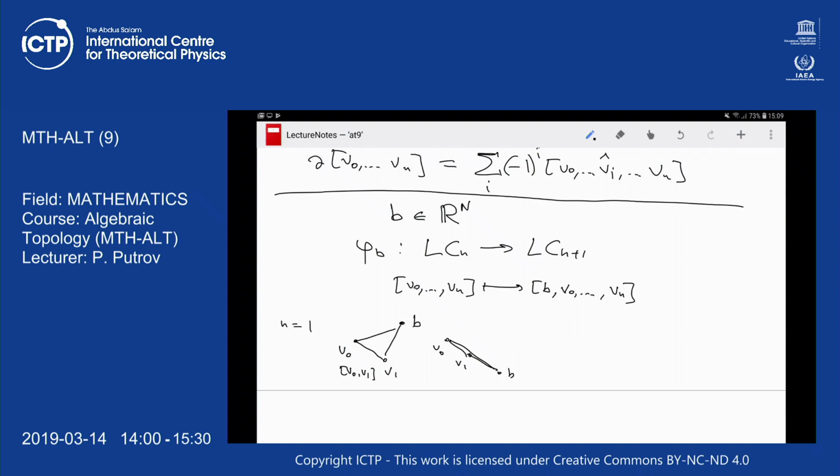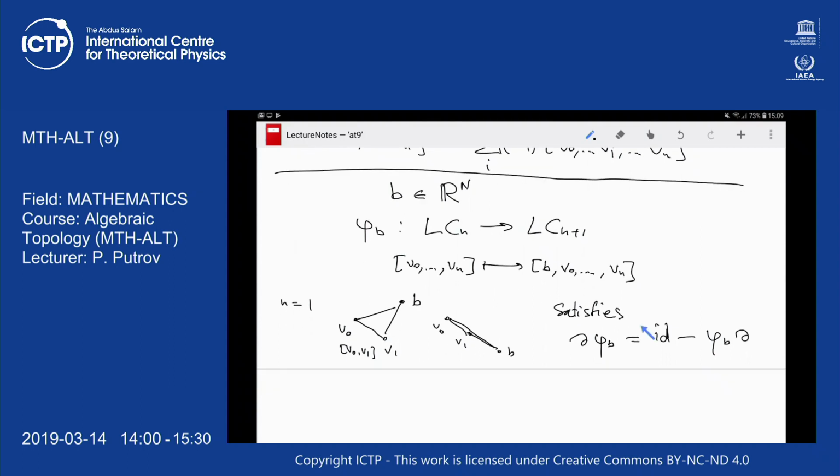Okay. So this map satisfies the following important property. If you take the composition of this map for some B with D, this is the same as the identity map minus the composition in the opposite direction. How do we check this? Let me take the left-hand side and act on some arbitrary generator.